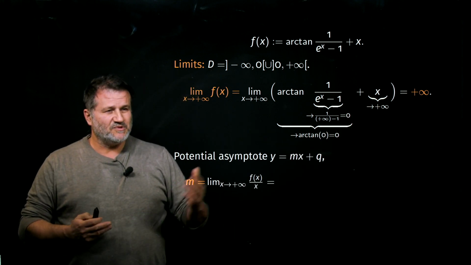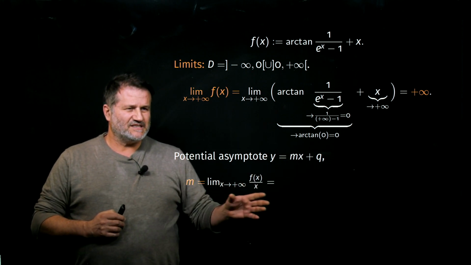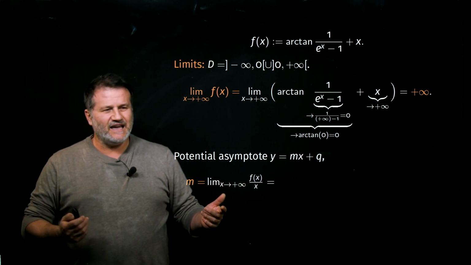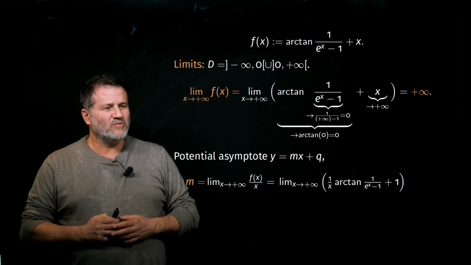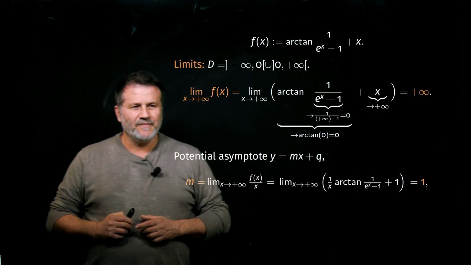So we have again a potential asymptote y equal mx plus q, where m is again the limit for x going to plus infinity of f of x divided by x. The limit is the same limit we computed before, and for the same reason we get 1.